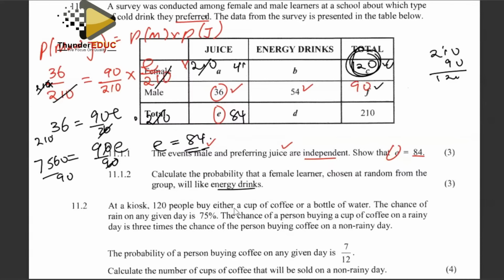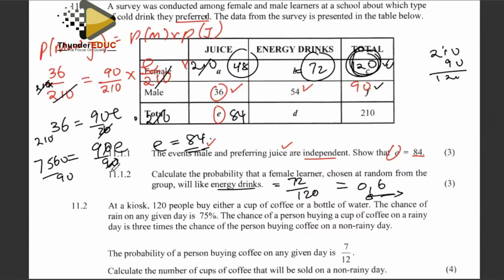It gives us 48 female learners that love juice. What is 120 minus 48? That gives us 72. So 72 female learners enjoy the energy drinks. So the answer here should be 72 over 120, and 72 divided by 120 becomes 0.6.